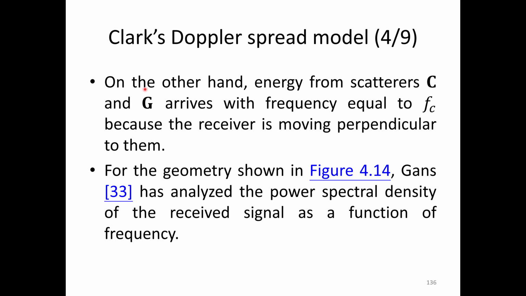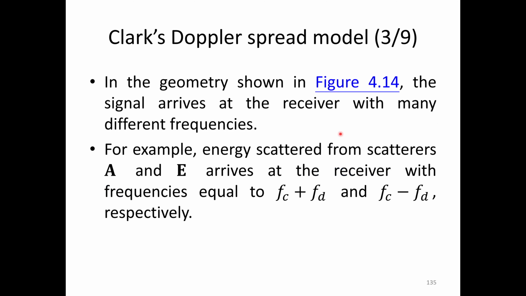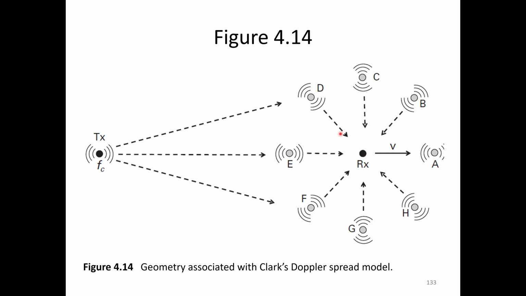On the other hand, energy from scatterers C and G arrives with frequency equal to Fc because the receiver is moving perpendicular to them. Okay, let us see figure 4.14 again.